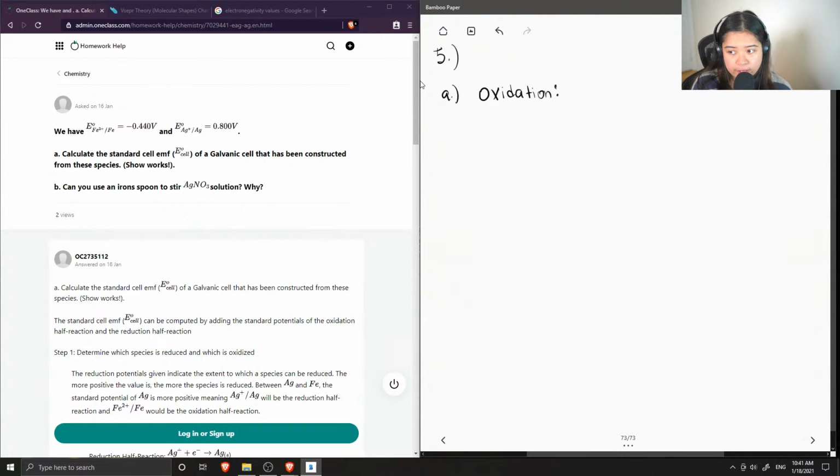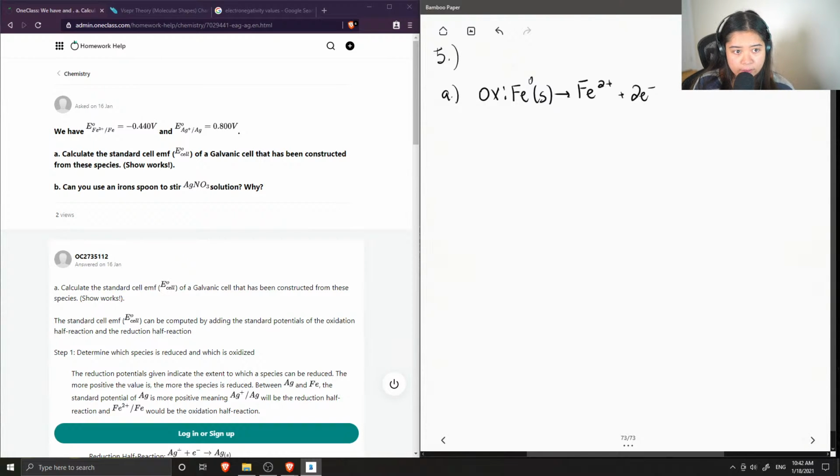So therefore the oxidation reaction would be with the iron solid going to iron 2 plus and 2 electrons. Notice that the iron went from an oxidation number of 0 to 2 plus, so it got oxidized.